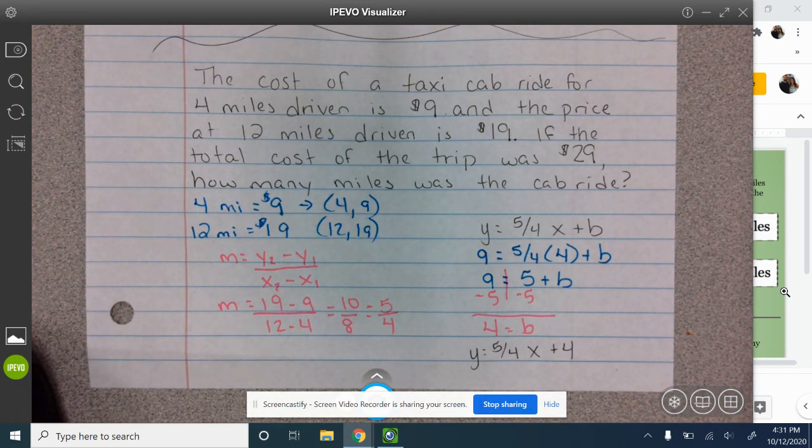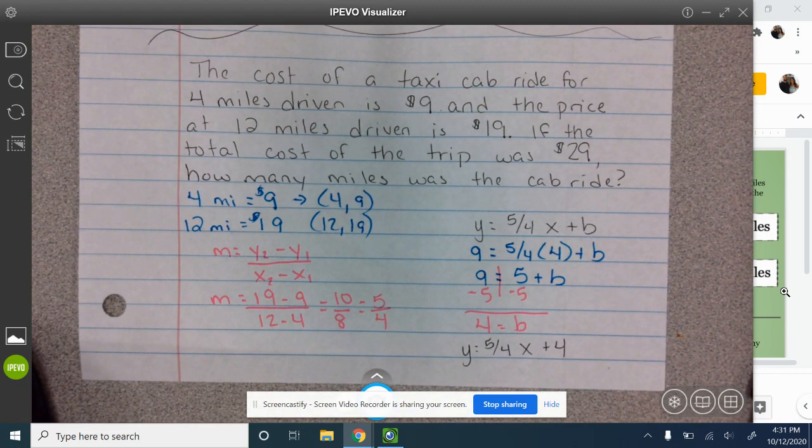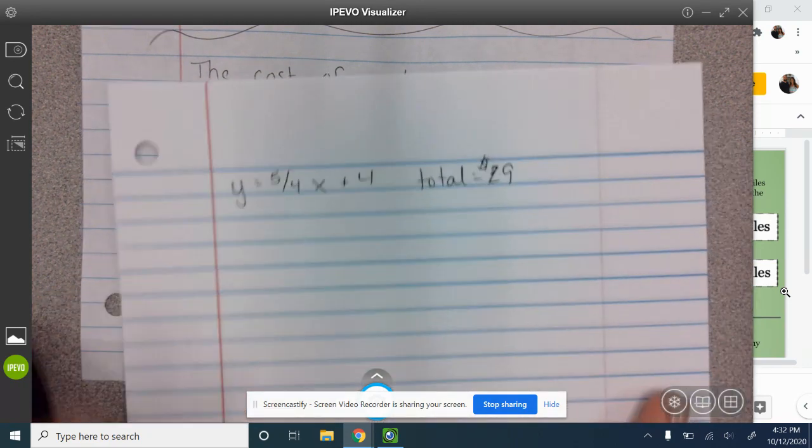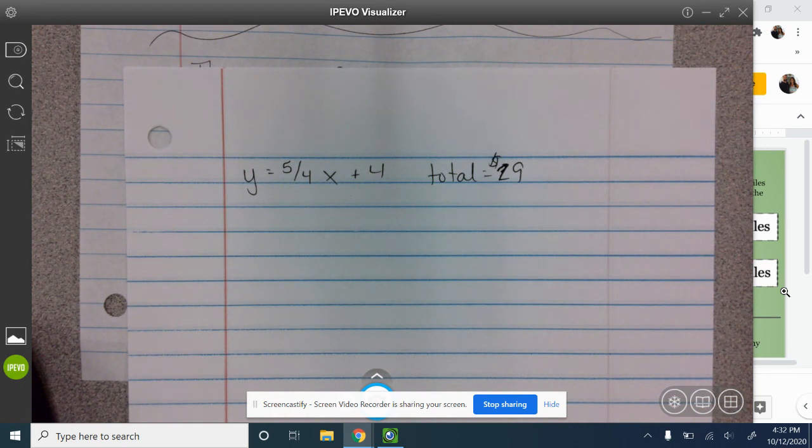Now, getting the equation is great, but it doesn't answer the entire question this time. Let me grab another sheet of paper, and your total. I just jotted down this information really quickly because I was out of space for you.